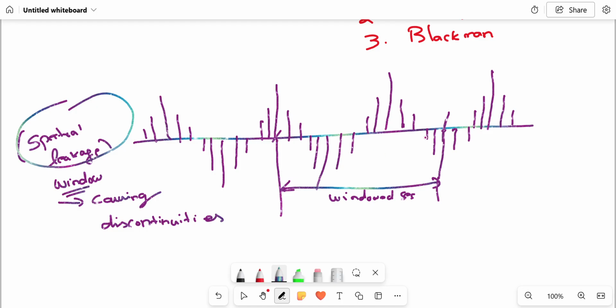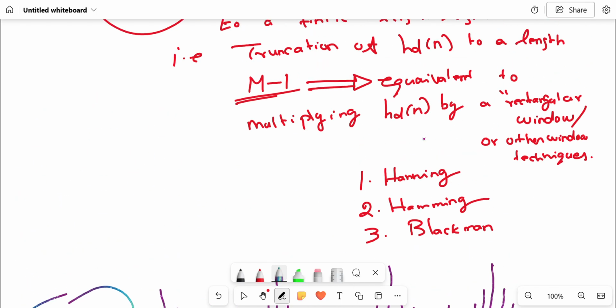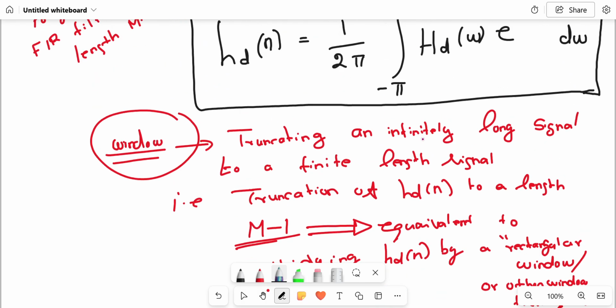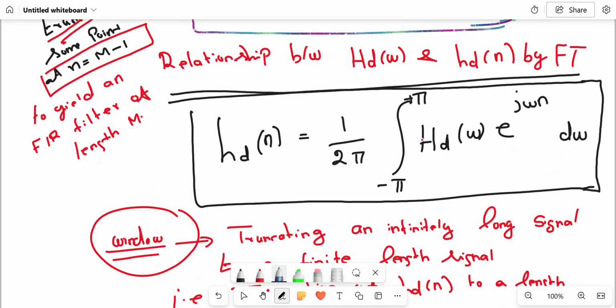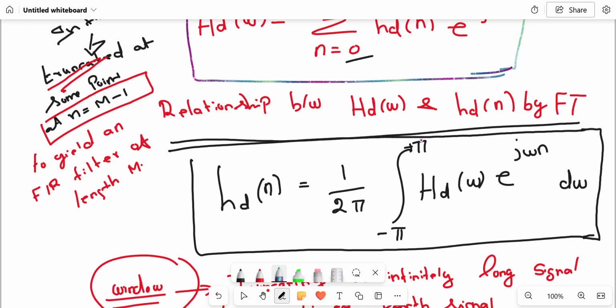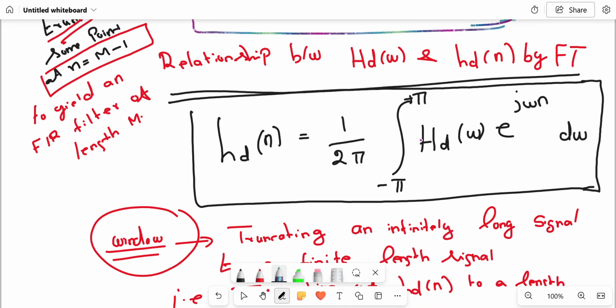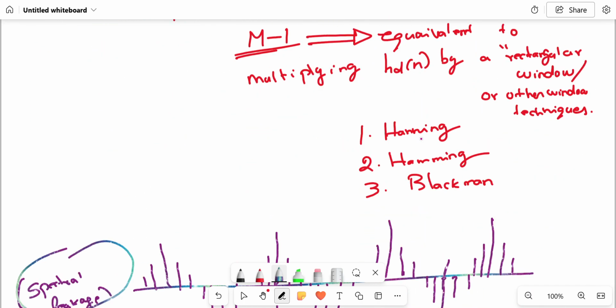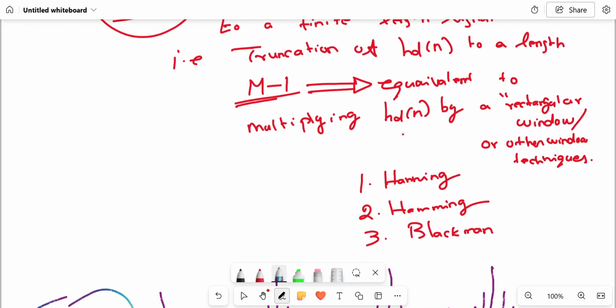So how can you get the window sequence mathematically? Mathematically you can multiply this sequence hd of n with one of the window techniques. How can you truncate the sequence length hd of n to M minus 1? It is equivalent to multiplying hd of n by a rectangular window.